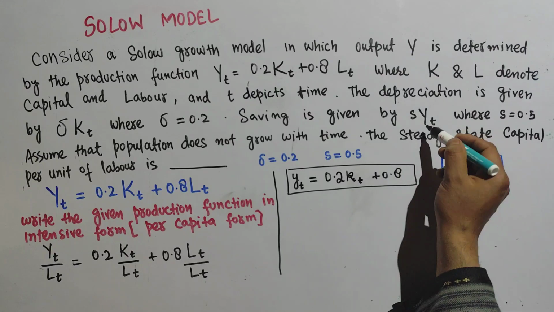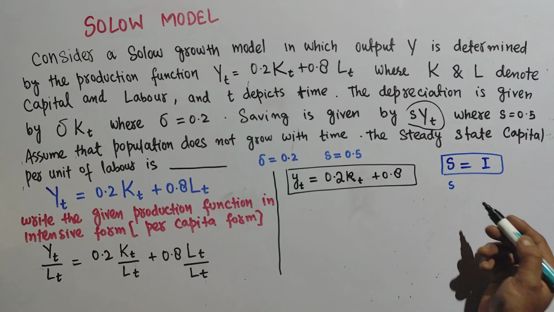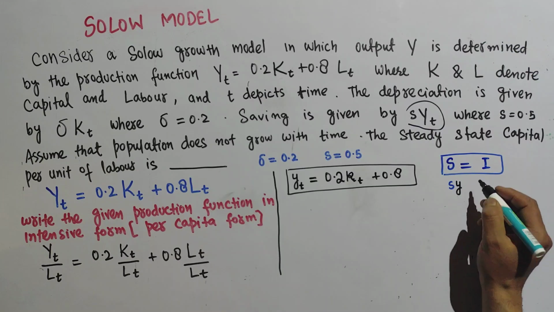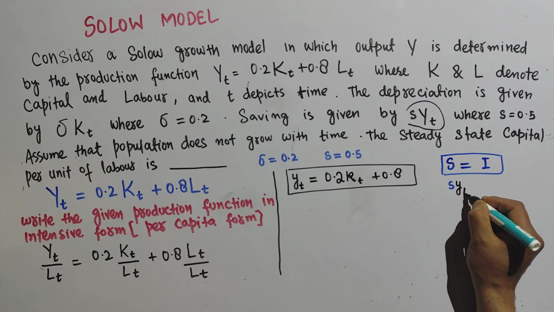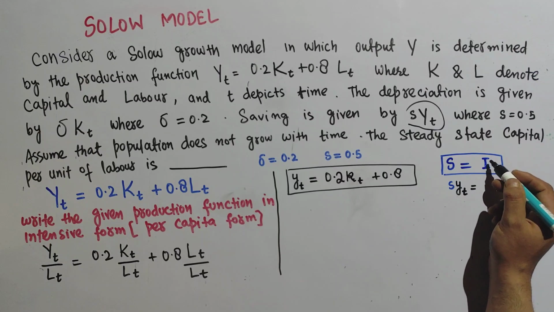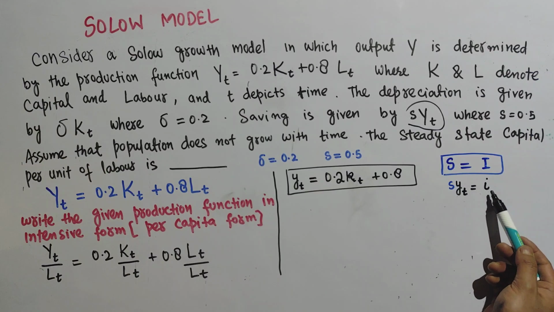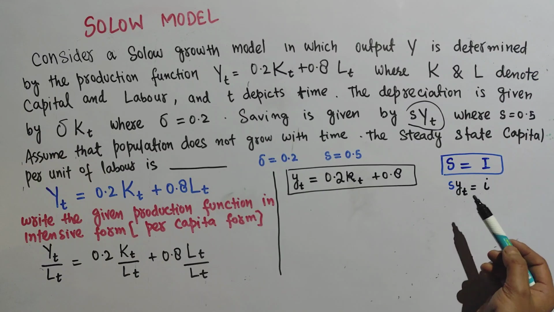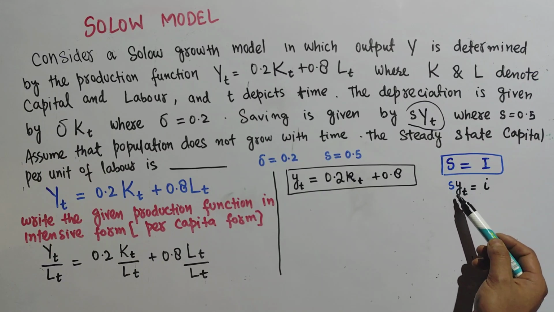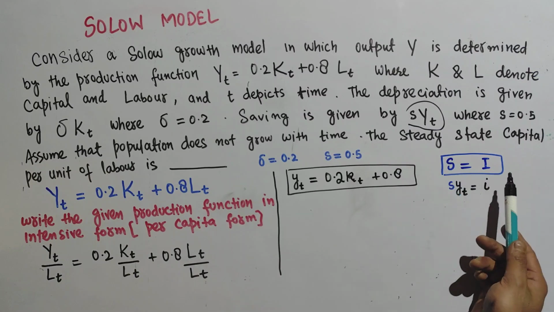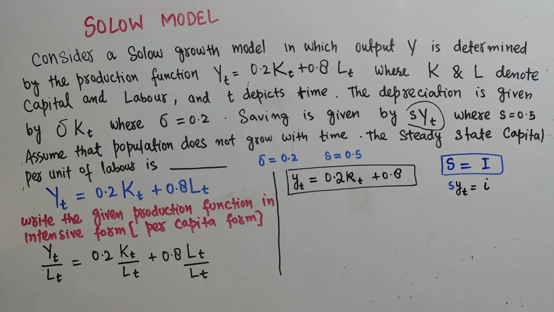In place of capital Y_t, we will write small y_t, because we are writing the given variables in per capita form. That means s y_t will be equal to i_t. It simply tells us investment per worker is equal to the saving rate times output per worker, and we assume that savings are equal to investment in the Solow model.